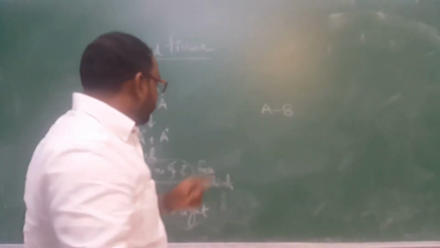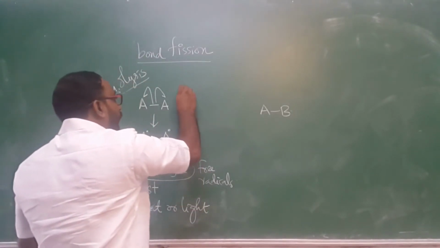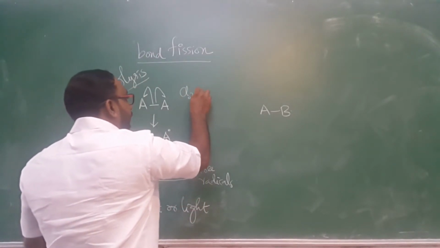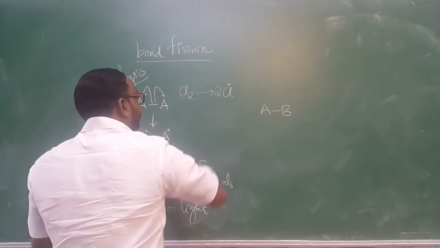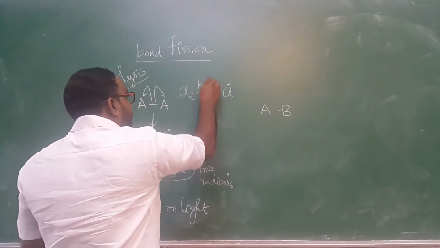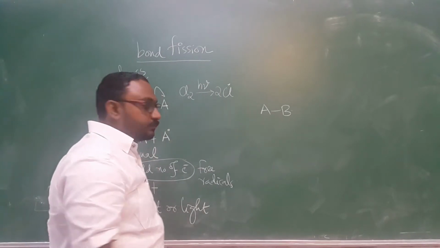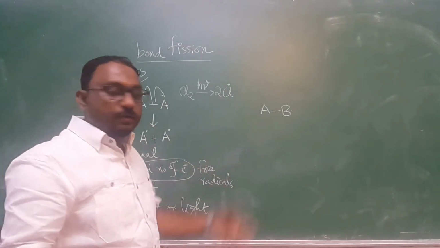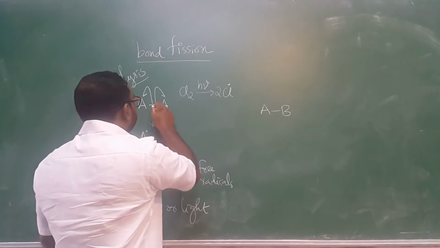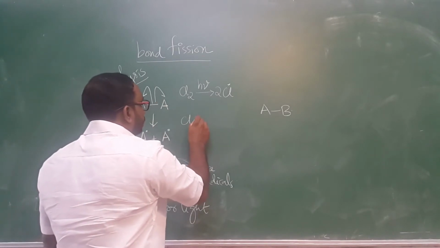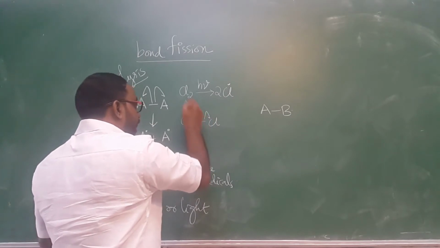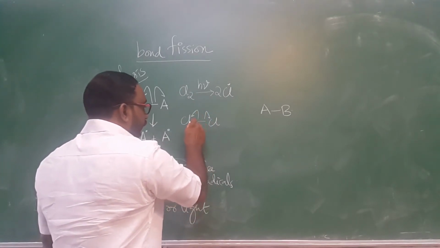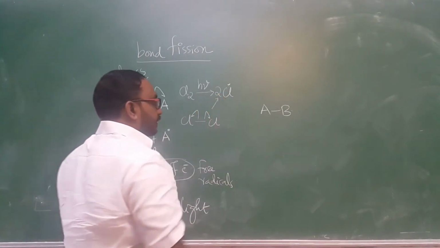The best example for this fission is the chlorine molecule dissociating to two chlorine free radicals in the presence of sunlight, the photolysis or photofission of chlorine. In the same mode, the Cl-Cl bond gets broken to give two chlorine free radicals.